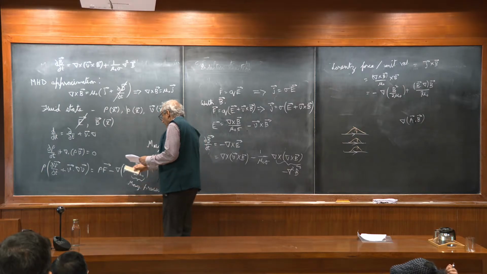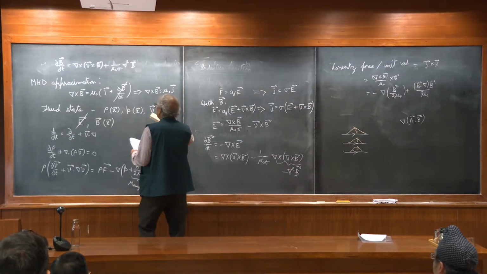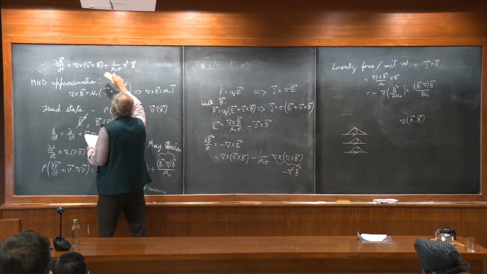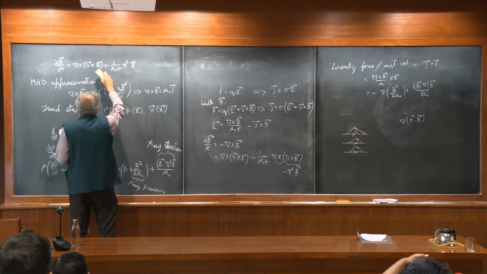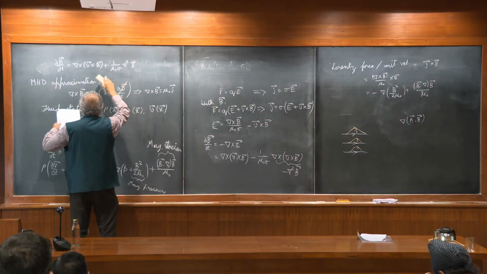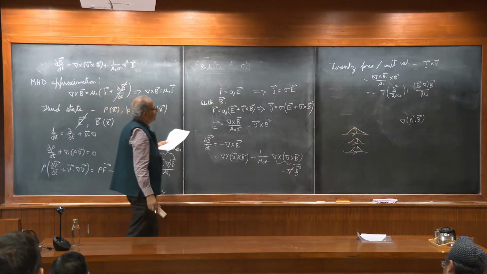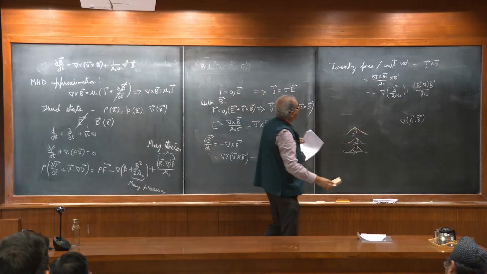And now I think we have these two terms in the induction equation, and we would like to figure out how important these terms are relative to each other, which term is larger and which term is smaller. So let us look at that question a little bit.